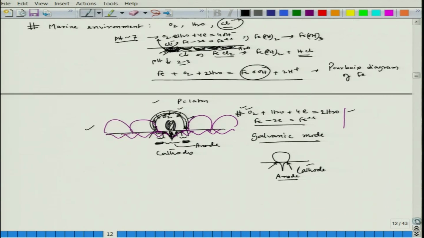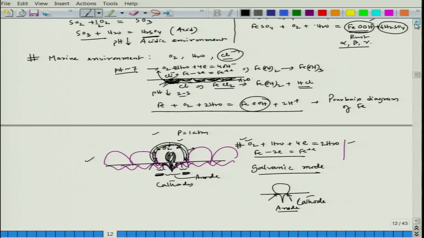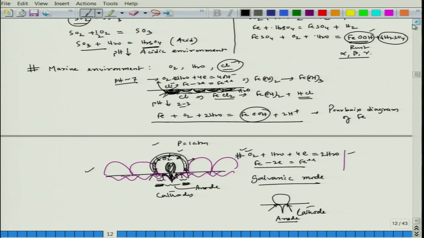So, now these are examples, these are the effect of different environments. I am talking about 3 environments, one is petroleum or a refinery, another is marine environment, and another one is a situation of normal atmospheric corrosion, what exists in the Kanpur region or something, where there is no such SO2 or no such chlorine ion effect, fine.